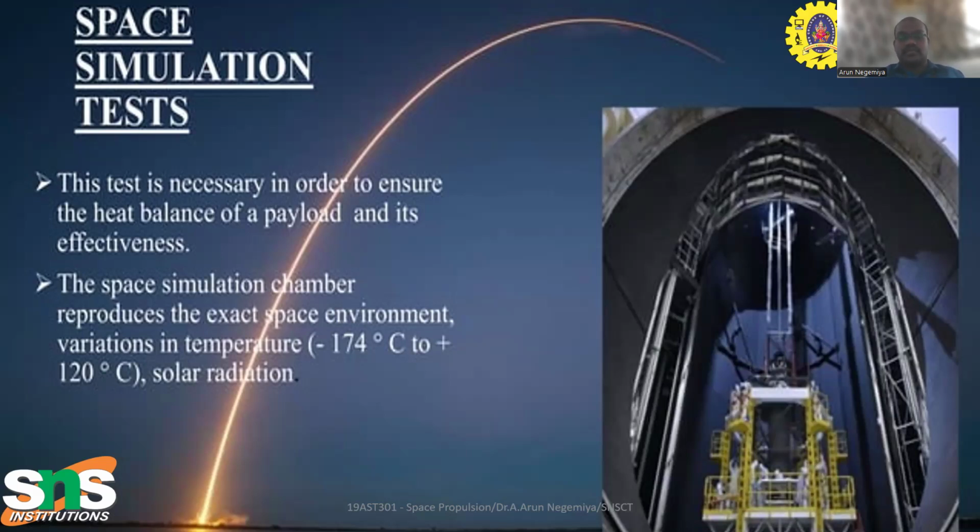During the simulation process, the temperature varies from minus 174 degrees Celsius to plus 120 degrees Celsius. Minus 174 is called a cryogenic temperature, a sub-zero level temperature. Plus 120 Celsius is because when the rocket flies beyond the Earth, the temperature varies, so they test up to 120 degrees Celsius.